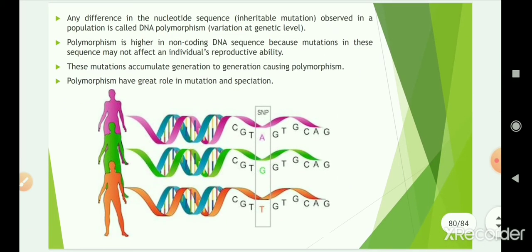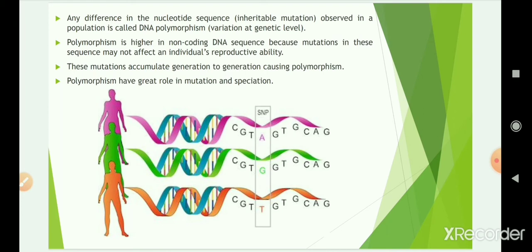Any difference in the nucleotide sequence, inheritable as a mutation observed in the population, is called DNA polymorphism. What is DNA polymorphism? It is the variation at the genetic level. So if any differences in the nucleotide sequences are observed in the population, then it is known as DNA polymorphism.